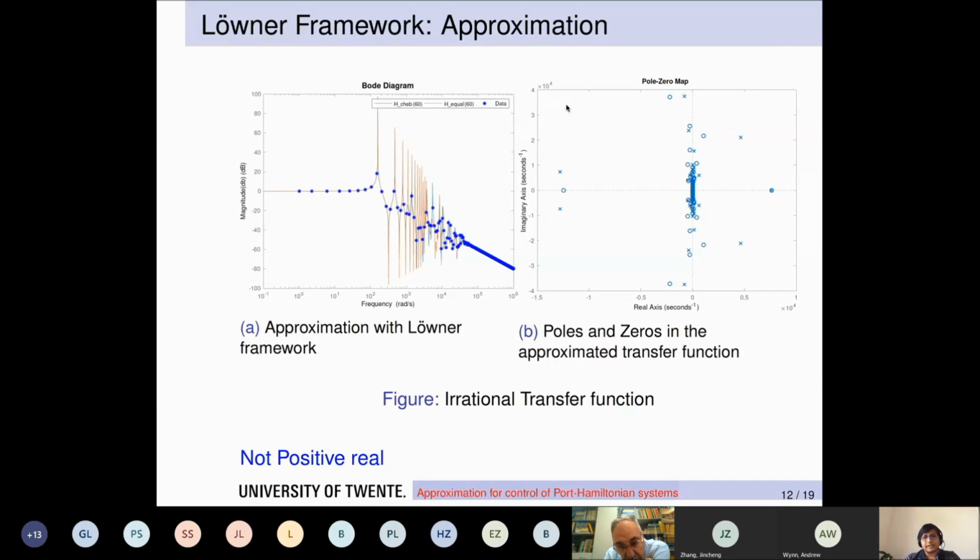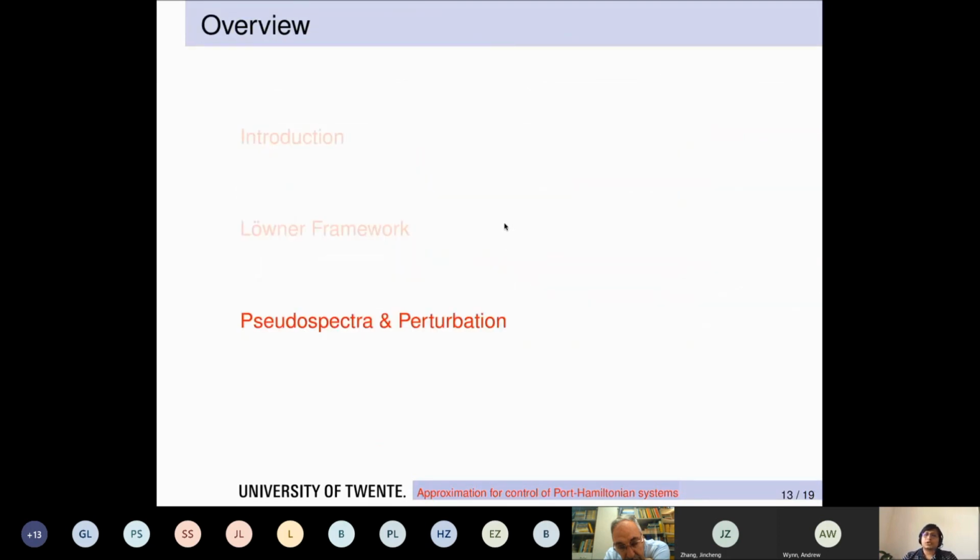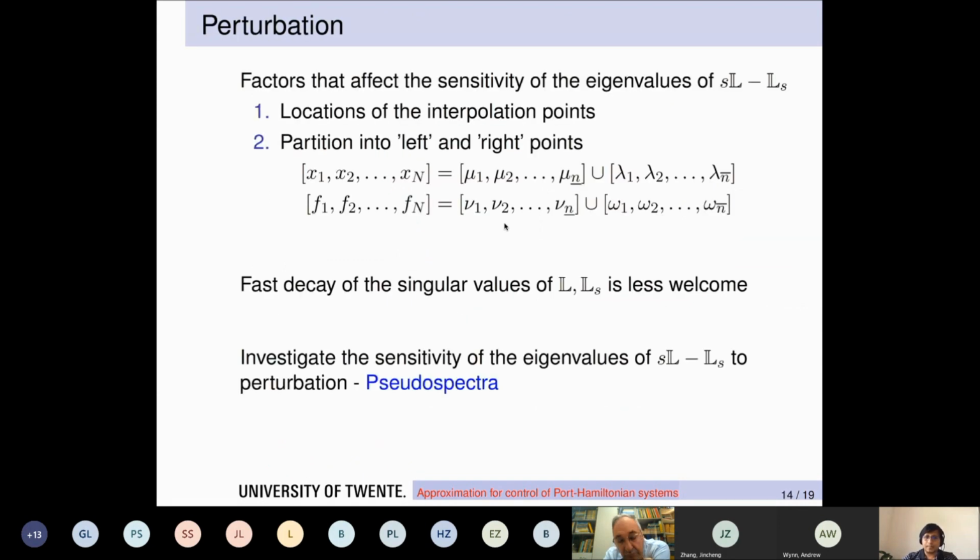For this system, the Nyquist plot is very messy, so I skip showing that one, but we cannot come up with a positive real one for this irrational transfer function. So then we investigate why this kind of instability, or in case of not getting a positive realness, comes from.